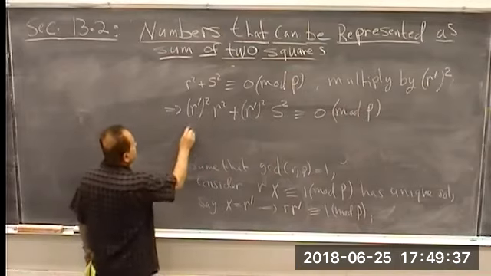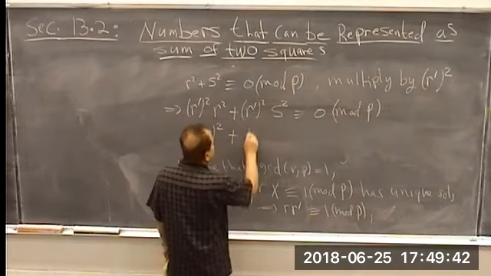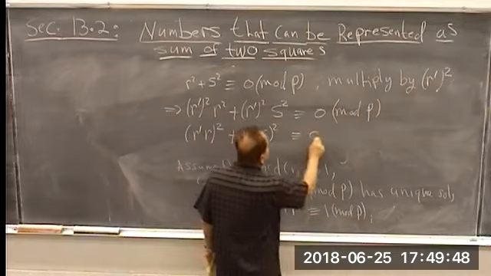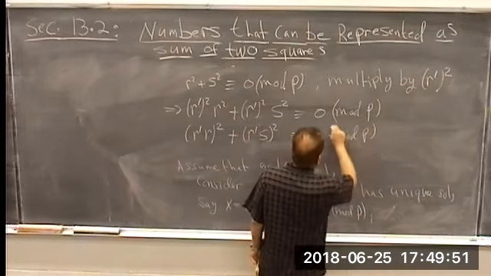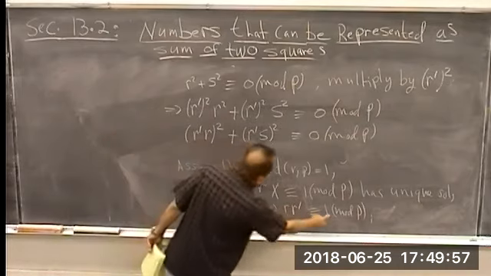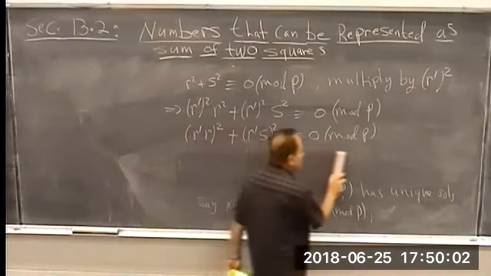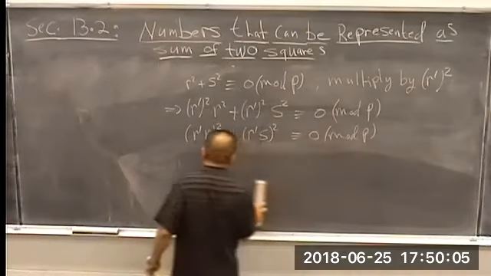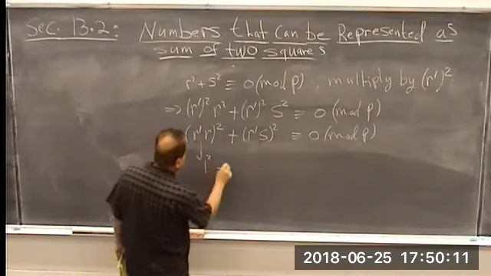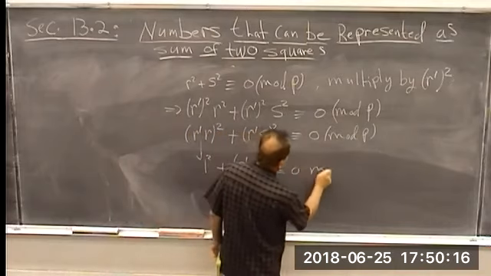Now from here we can put these together. R prime r, let me put this in here, 0 mod p. Now I'm going to use the r prime. This is congruent to 1 mod p, so the square will give us all 1. So that becomes 1 mod p.